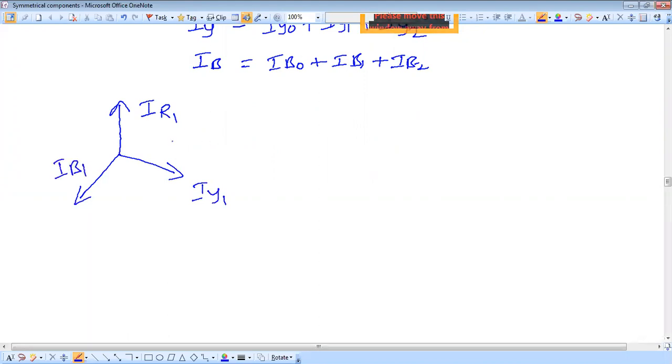The positive sequence component is a balanced component. The condition is that the IR1 magnitude should be equal to the IY1 magnitude, which should be equal to the IB1 magnitude. We know that. Another condition is that each phase is displaced by 120, 120, 120 degrees.